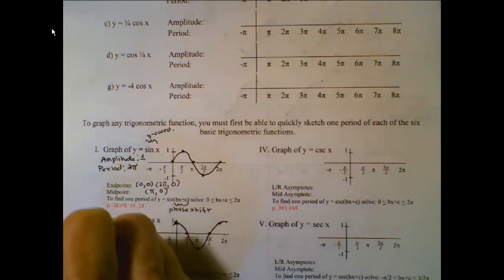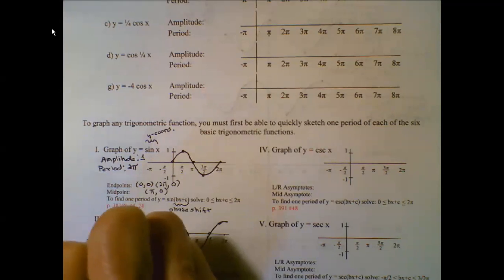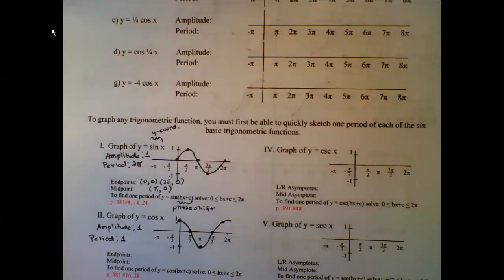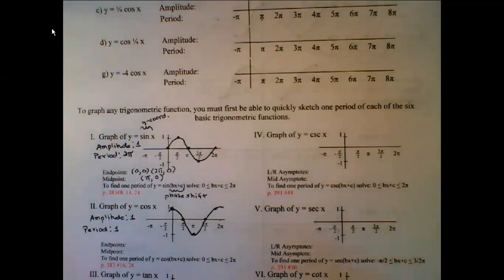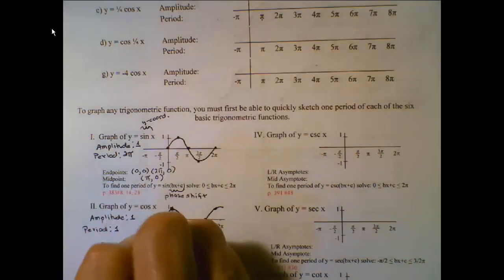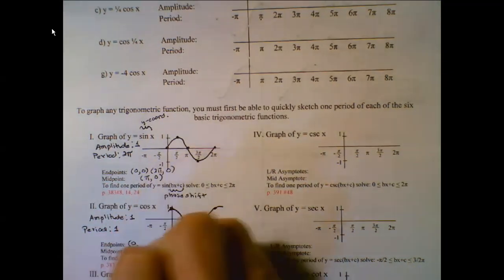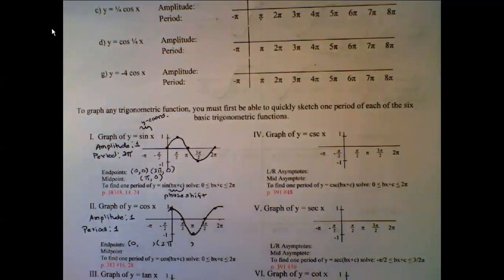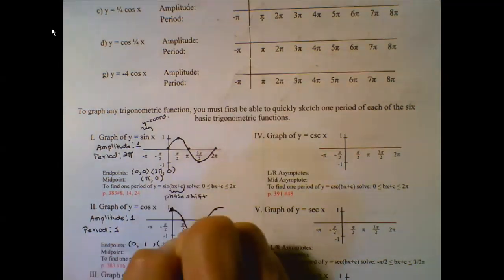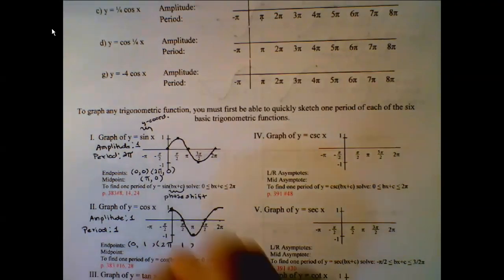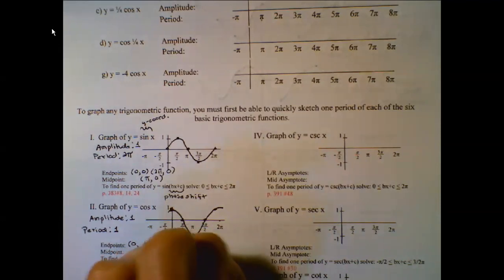Its period is 1. The endpoints of one period are still at 0 and 2 pi. Those are the x coordinates of the endpoints, but the y coordinates of the endpoints are 1 and then the midpoint is at pi, -1.